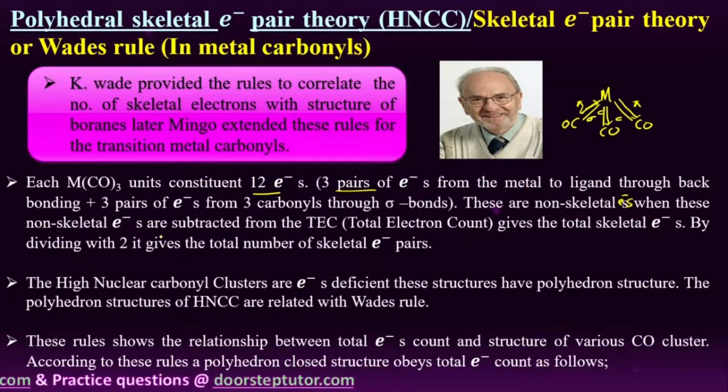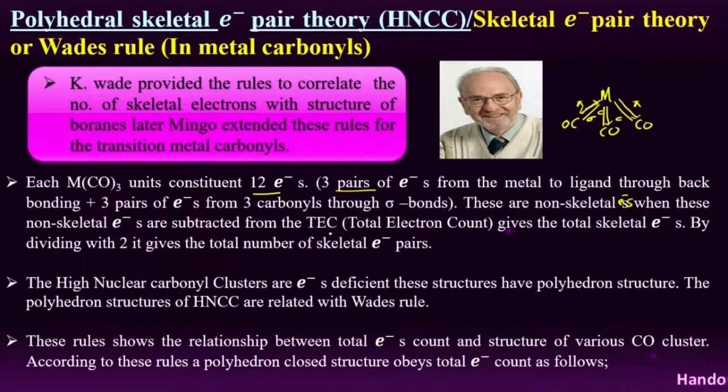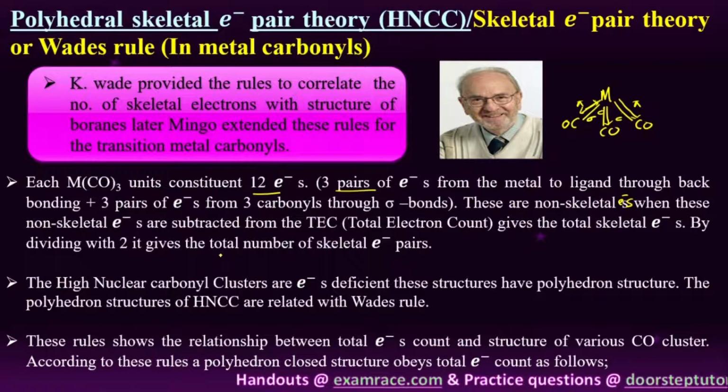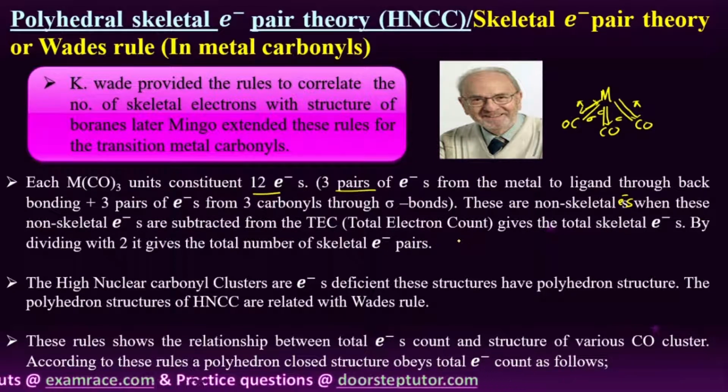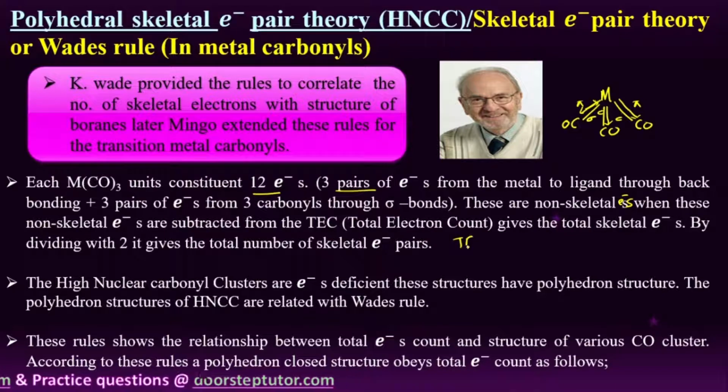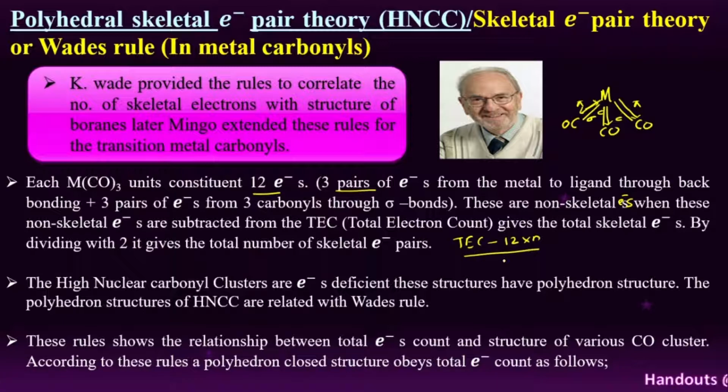When these non-skeletal electrons are subtracted from the total electron count, that is TEC, we get the total skeletal electrons, and dividing by 2 gives the total number of skeletal electron pairs. So it is (TEC minus 12n) divided by 2, which gives the total number of skeletal electron pairs.